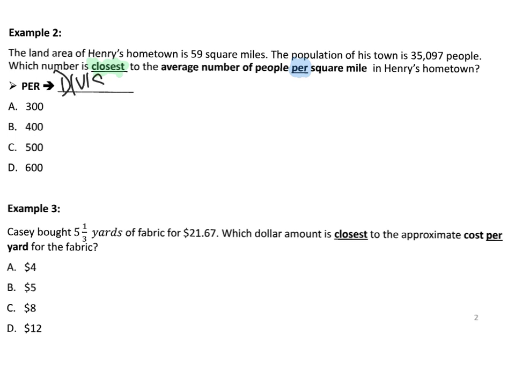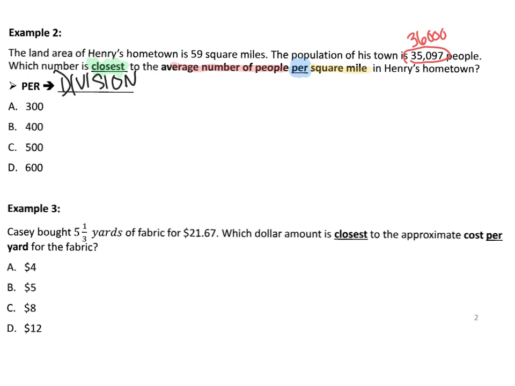Okay, and we want to figure out the number of people per square mile. So I'm going to round the number of people. It's not going to really make sense, but I'm going to round it to 36,000.